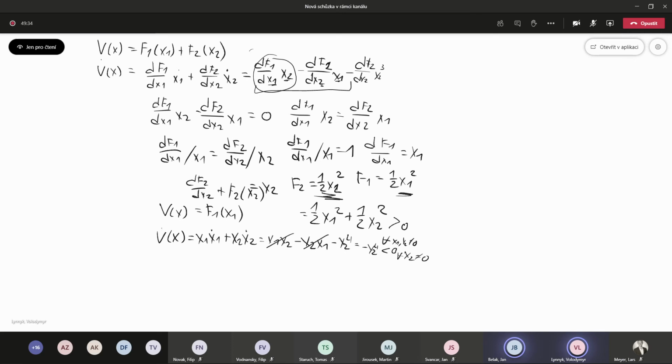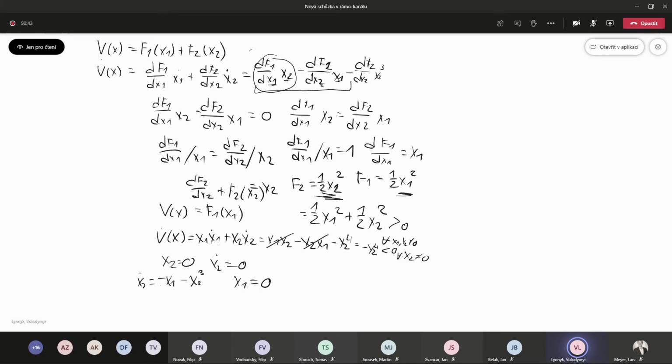As we know, x2 equal to 0. And if x2 equal to 0, then x2 dot equal to 0, and we can decide from the second equation, x2 dot equal to minus x1 minus x2 cubed, and we can decide from this that x1 equal to 0 too.